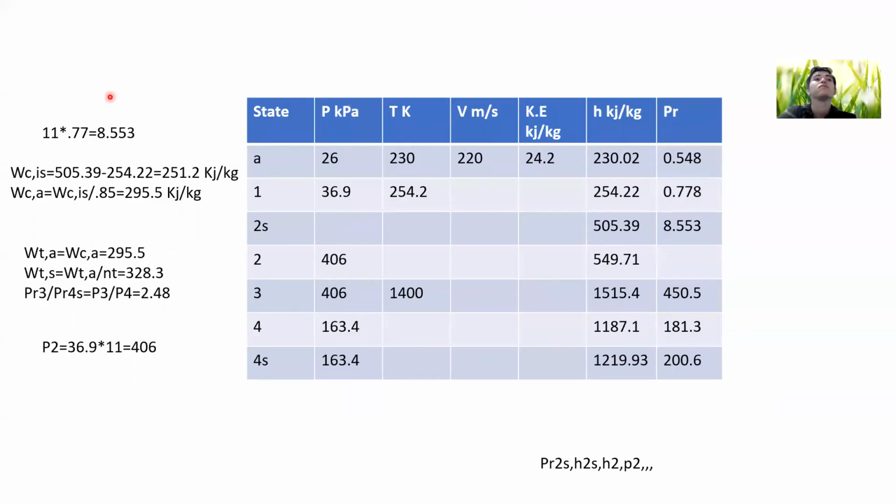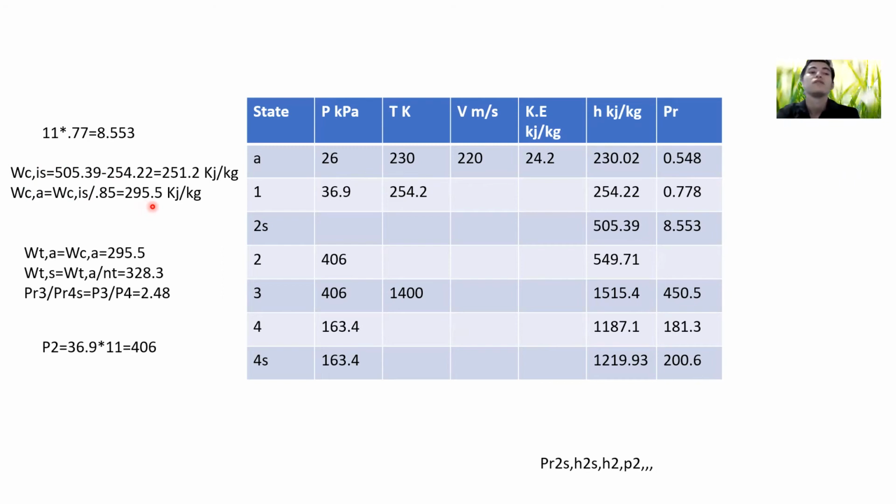And now for the middle part, we need the Pr2s, and to get that, we have to multiply the compressor pressure ratio by Pr1, which will give us the value of 8.553. Now, to get the work of the compressor, isentropic, it is the difference between enthalpy 2s and enthalpy 1, which will give us the minimum work, but we have to account for the 85 efficiency, which will be divided, excuse me, not multiplied, divided by 0.85, which equals 295.5.